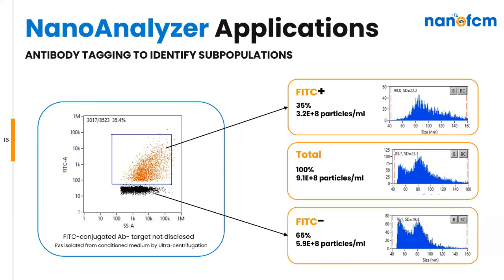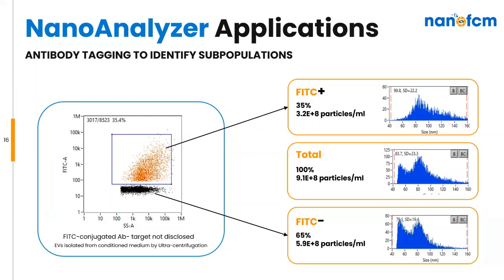This is an in-house example of antibody tagging in a complex mixture to pick out particles that may overlap in size distribution. Here, EVs were stained with a FTSE conjugated antibody, which allowed us to generate 3 different panels. First of all, we have the total particles, the FTSE positive EVs, and then the FTSE negative EVs.